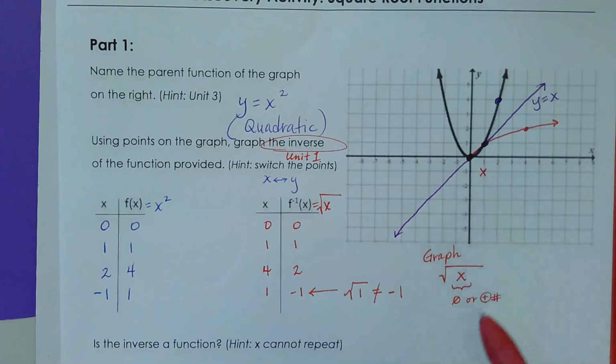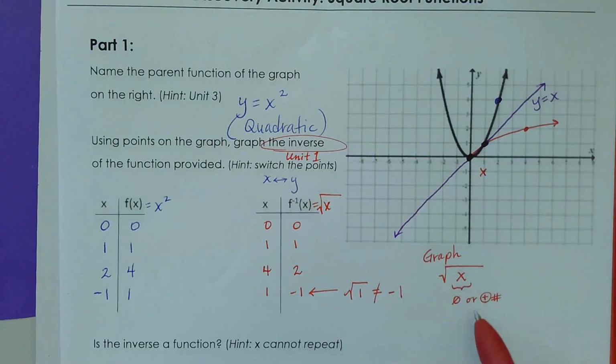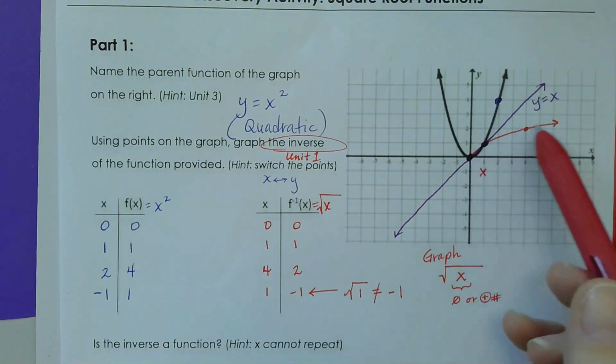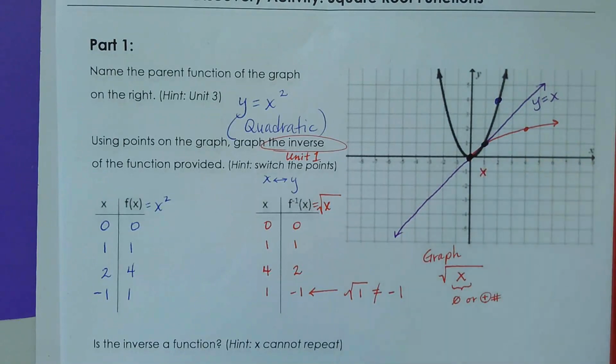So if I'm only taking a square root of 0 or a positive number, then this calculation will always work, and that means that I'm only graphing half of the curve that I had when I had a quadratic.